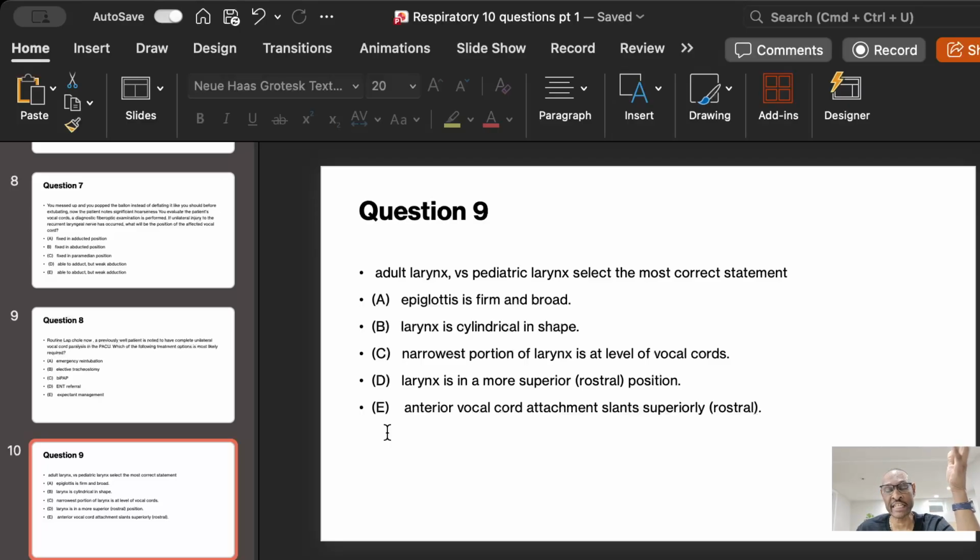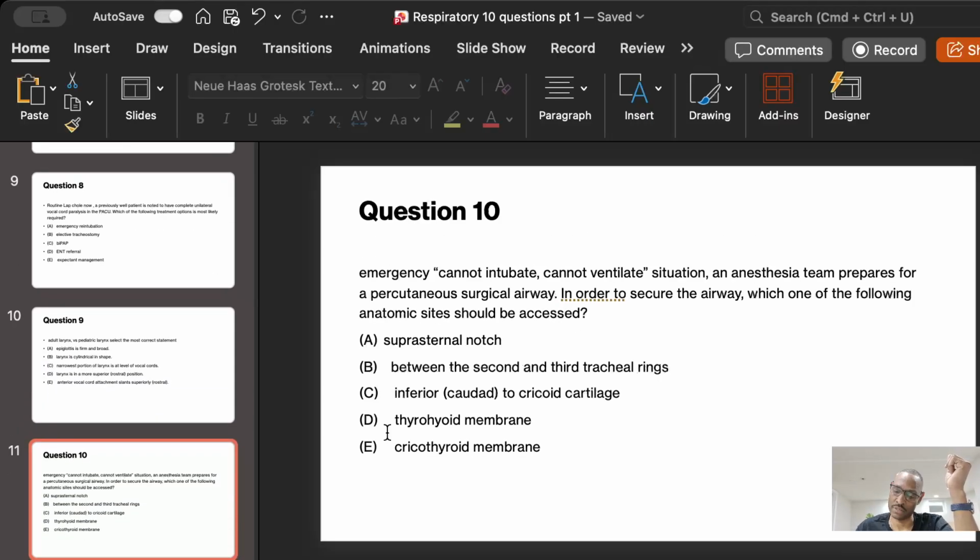It has very unique characteristics, and it's really important to understand them and how the pediatric airway eventually turns into an adult airway. So they want to compare the adult larynx versus the pediatric larynx. That's the question.